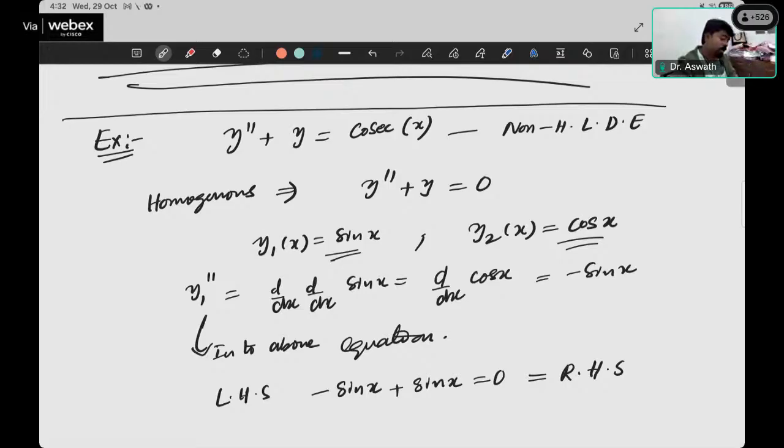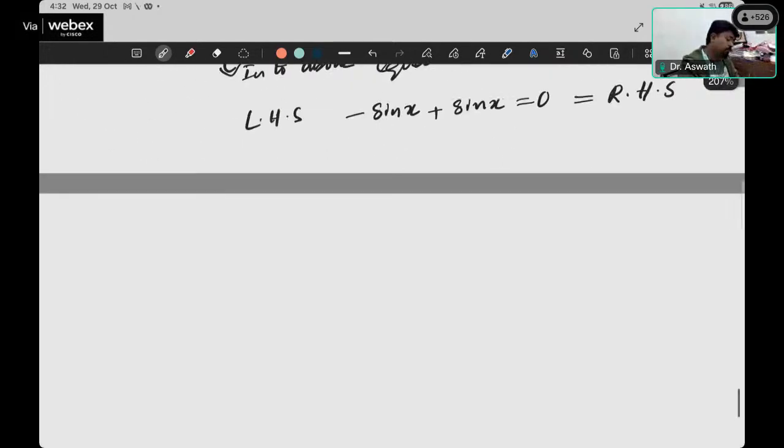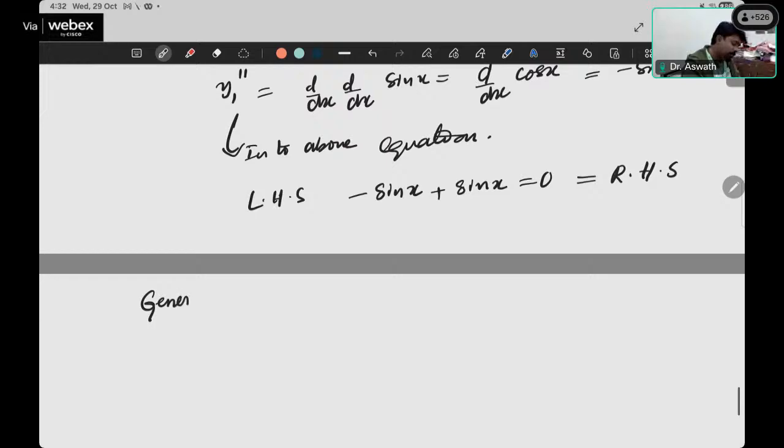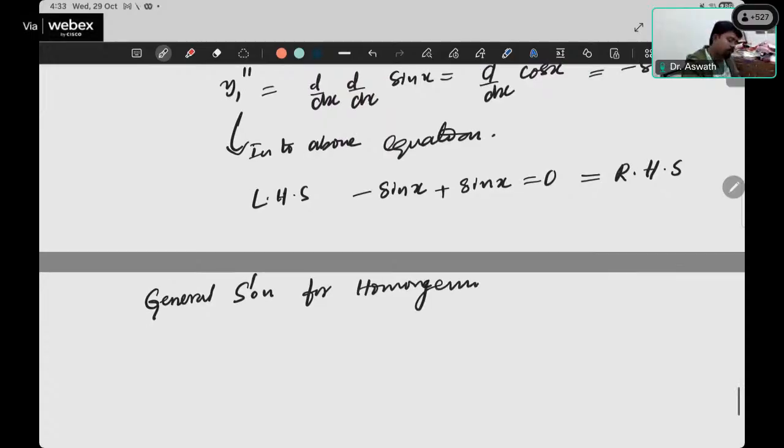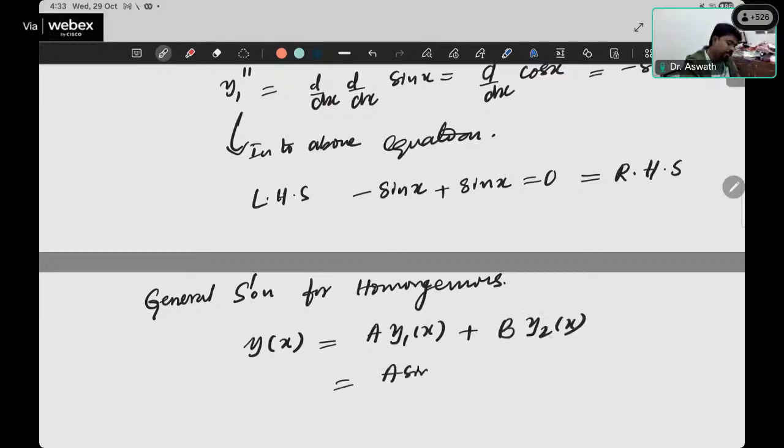Now I'll write a general solution for the homogeneous part. How to do that? Very simple. You take a superposition of both of them: y of x is equal to a y1 of x plus b y2 of x, which is a sin x plus b cos x.